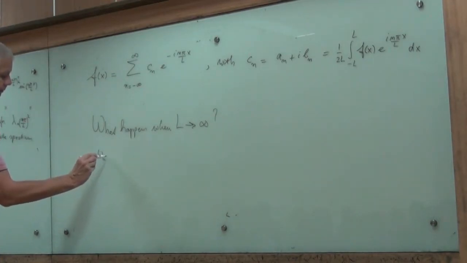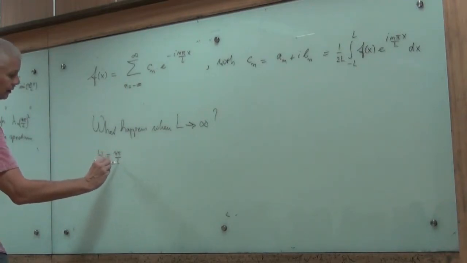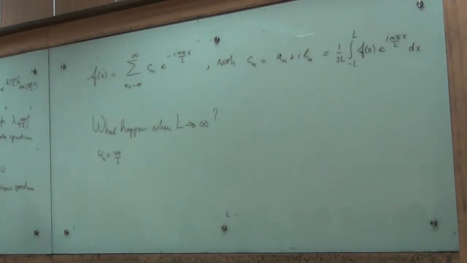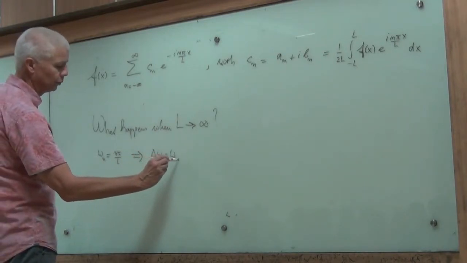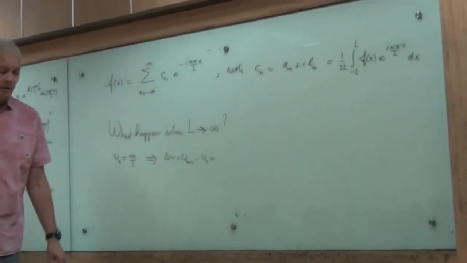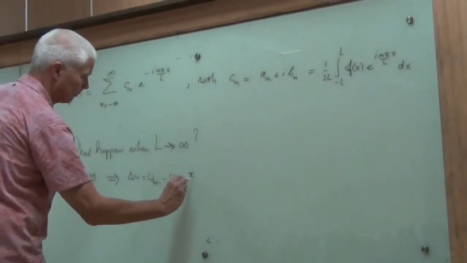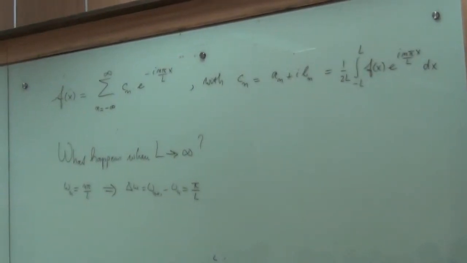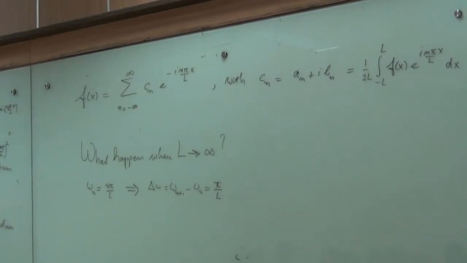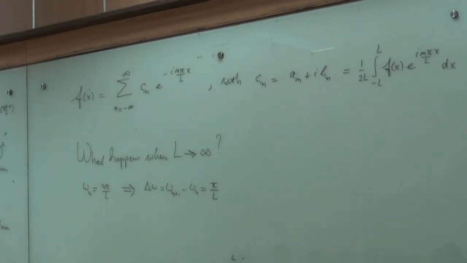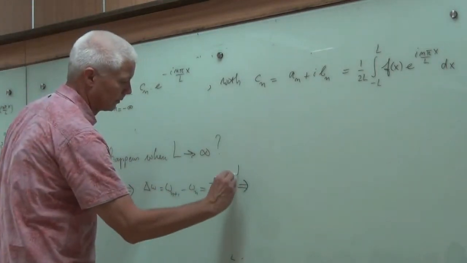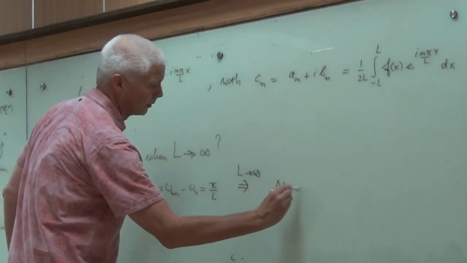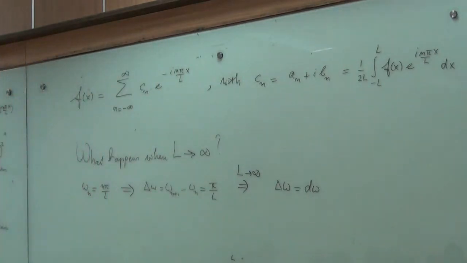Well, first of all, I define omega n. Omega n is equal to n pi over L. And if I look at delta omega, which is defined to be omega n plus 1 minus omega n, then that is equal to pi over L. So if I look at two consecutive frequencies omega n, the difference is pi over L. And if L tends to infinity, pi over L tends to 0. So delta omega becomes d omega.